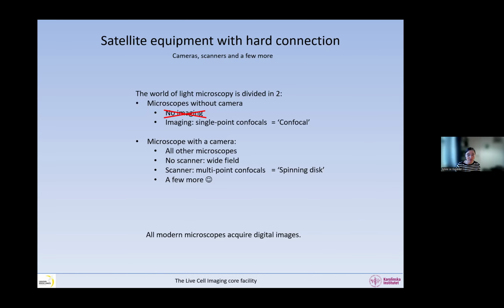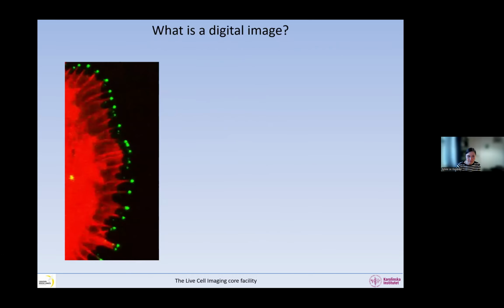So let's have a look at what a digital image is. If we see this image of the edge of a cell, the image is a matrix of picture elements. This is what pixel means: picture elements, a sort of contraction. Each pixel has an XY coordinate and an intensity. The intensity is not just any type of intensity.